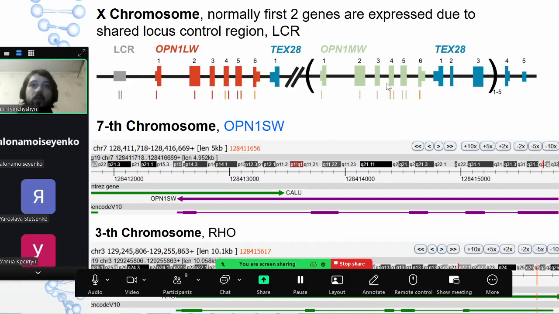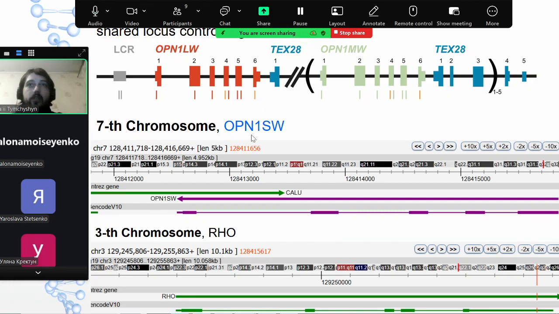Here is an example of what's going on with humans. Pretty interesting case. Here is the 7th chromosome. It contains the gene OPN1SW. That's for short wavelength, and that corresponds to basically blue color.